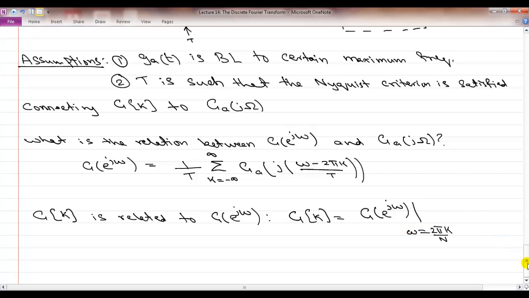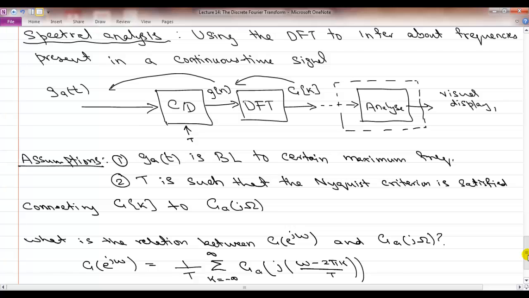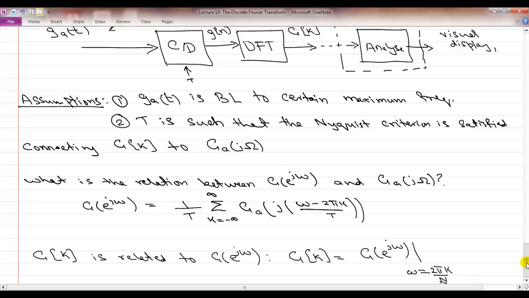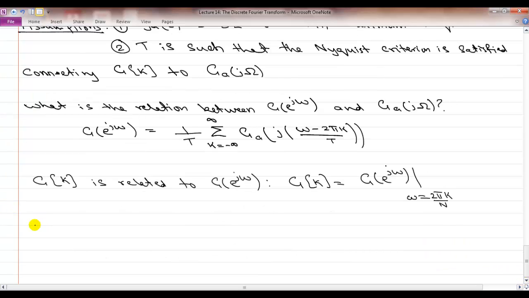So that brings us to a caveat that I said we won't go into too much detail. What is the main condition that you need to compute the DFT? To compute the DFT, we need g[n] to be finite length.